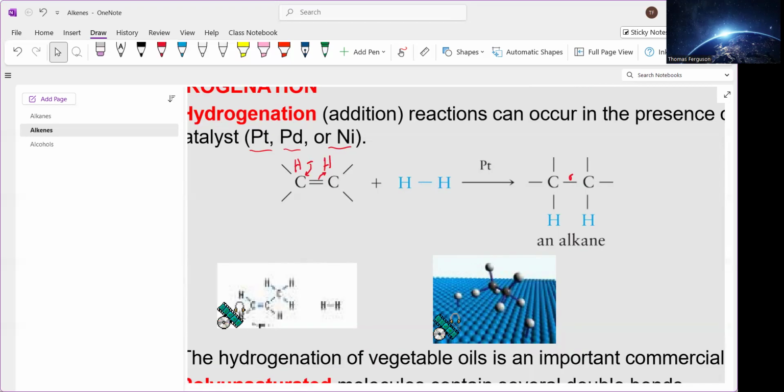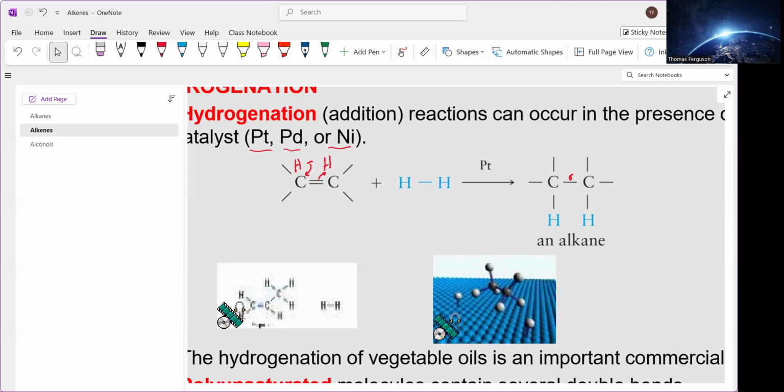Catalysts speed up reactions. So we can either have no catalyst, slow, or with a catalyst, fast. Get the same results. And basically we form a C-C single bond. We go from an alkene to an alkane.